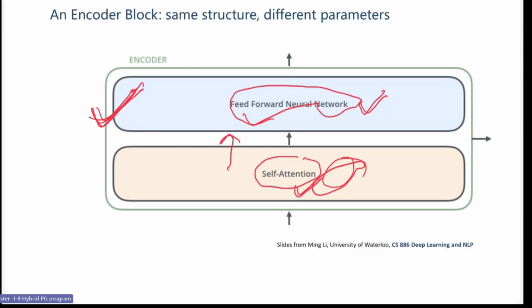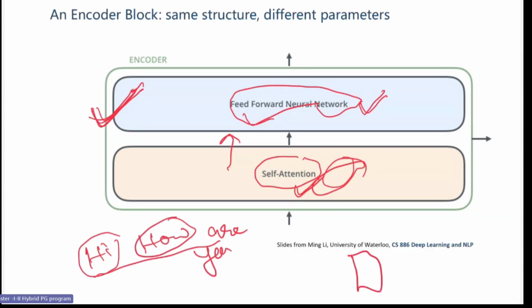Suppose the example I have given, hi, how are you, and then you got the attention matrix and you multiplied it. Now you got the refined feature vector of every word. So these are the refined feature vectors of every word which you have got after this attention layer.